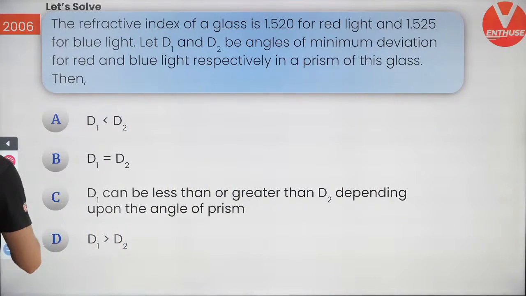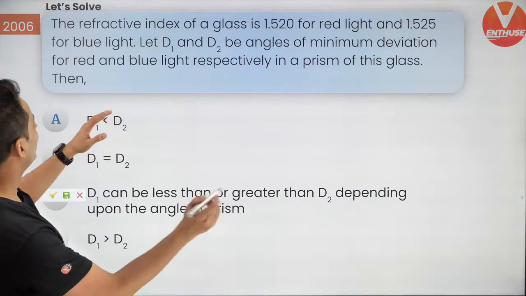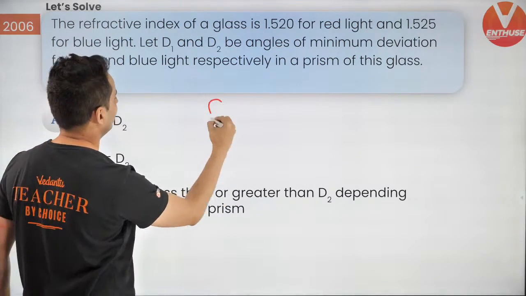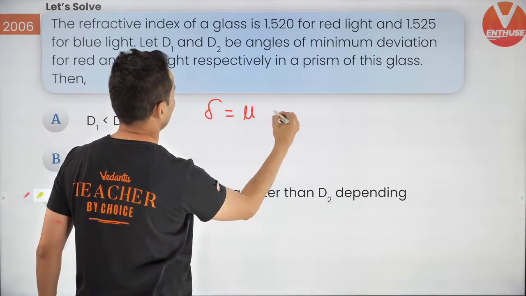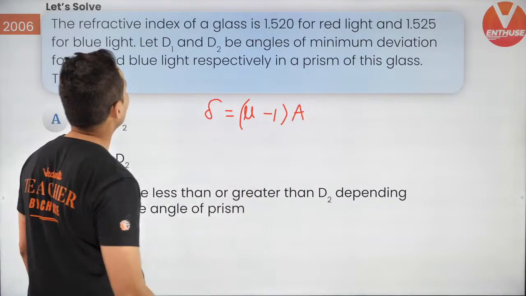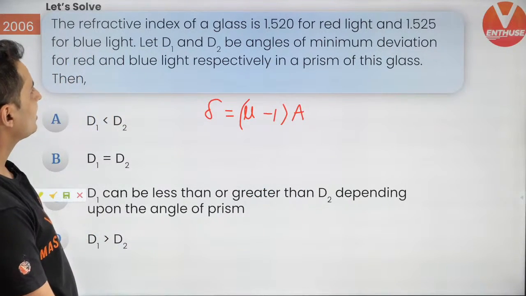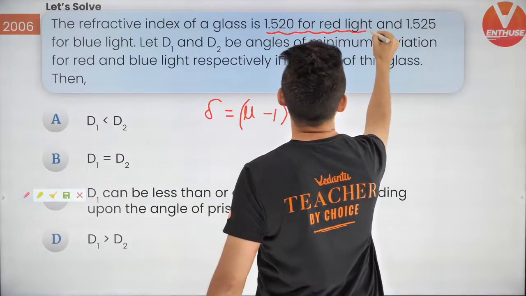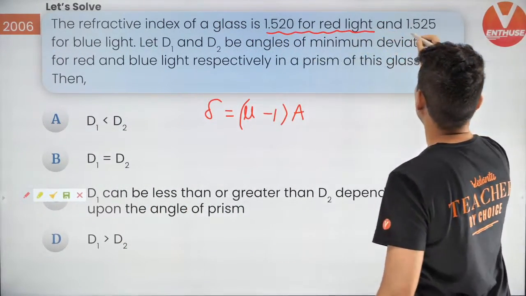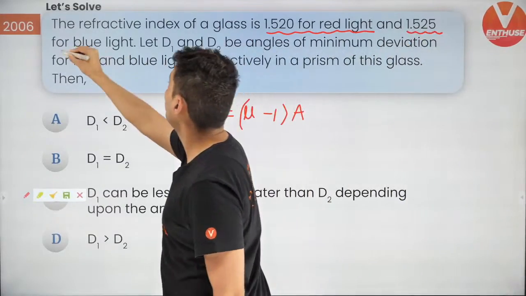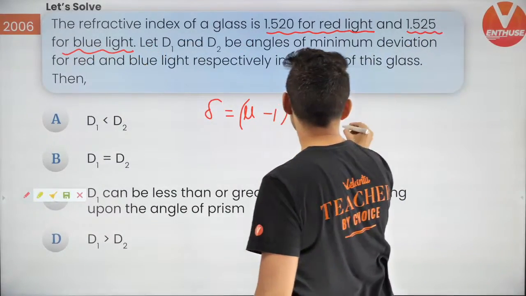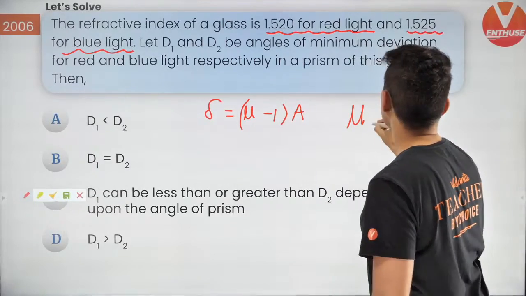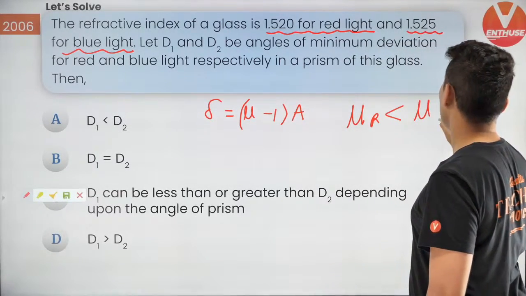Okay, let's see how to solve this. What is the formula for delta? Delta is mu minus 1 into A, right? Acha, angle of prism is the same, just refractive index is different. Acha, 1.52 for red and 1.525 for blue. So mu for red is less than mu for violet.